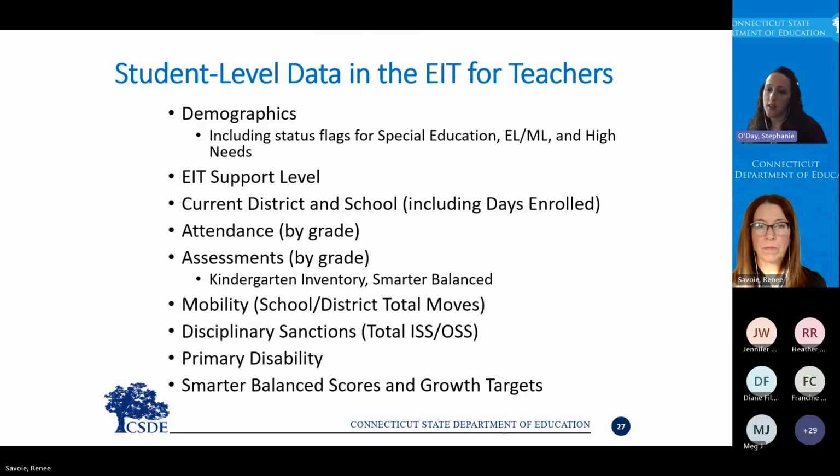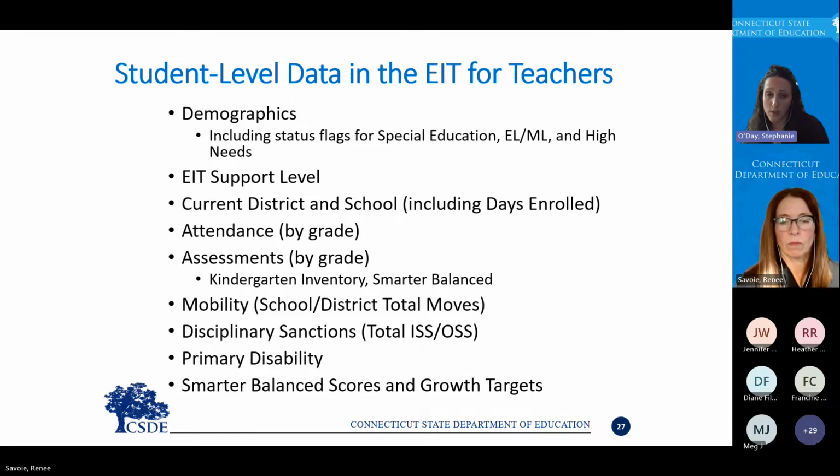And this is just a listing of what we have included. We've got more demographics than even what are listed on the slide, but all those demographics that you can see in the student summary, that EIT support level, some current information, including district and school. And I didn't talk about it, but on that student summary, select a student slide, we have days enrolled, and the default sort on that slide is fewest to most days enrolled.